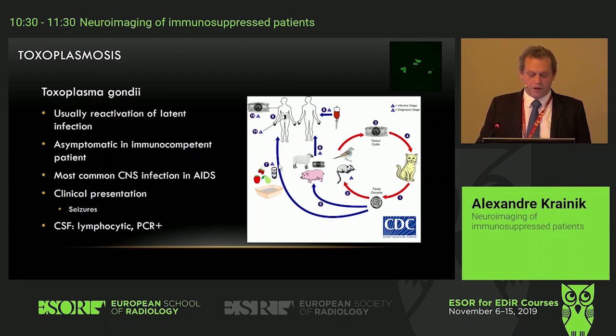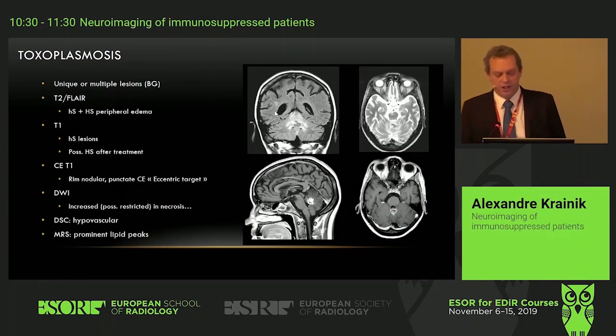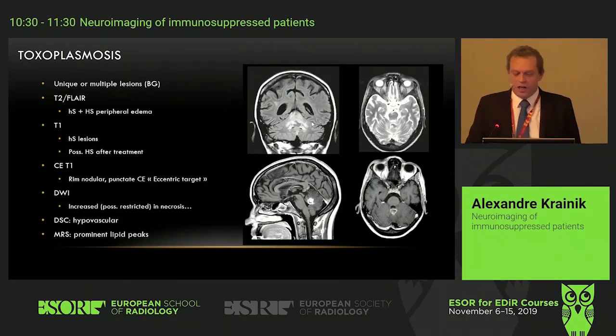Usually it's not a problem except for pregnant women, you know it, and for immunocompromised patients. In immunocompromised patients, you will experience focal lesions like little abscesses. It can be unique or multiple, usually involving the deepest areas of the brain, but not always. It's not constant at all. Then the lesion on T2 or FLAIR, for instance, on FLAIR you may have a central hypointensity surrounded by a hyperintensity like an edema.